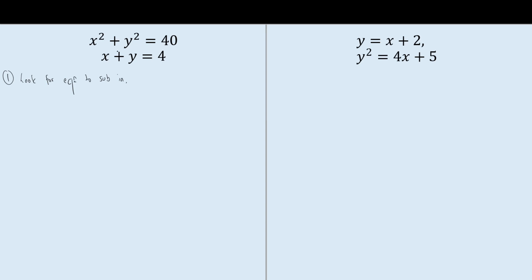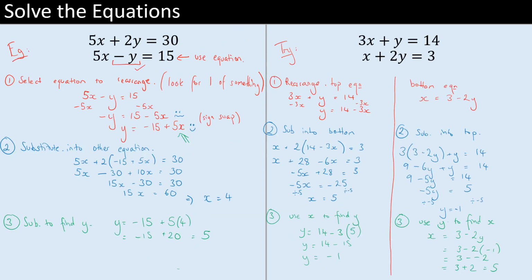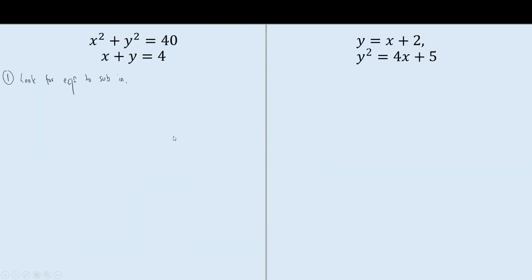We've got one which says x squared plus y squared, which in itself is different, and we've got one underneath which says x plus y equals 4. Okay. Now, if I cast your mind back to our simpler simultaneous equations, we had to do some rearranging in order to end up with something which was the subject. So we're going to have to do that.